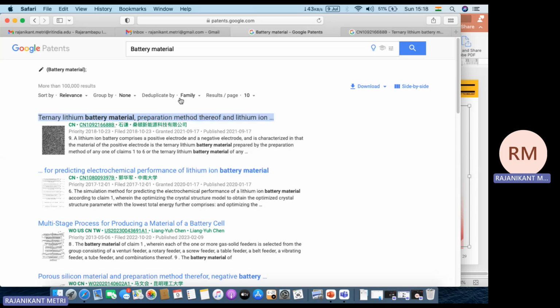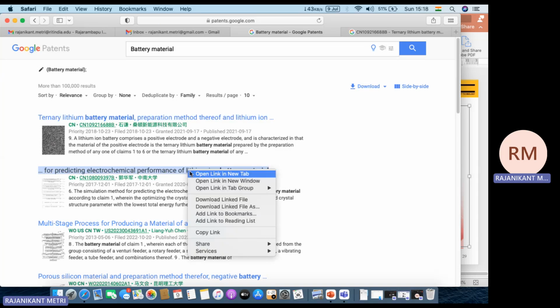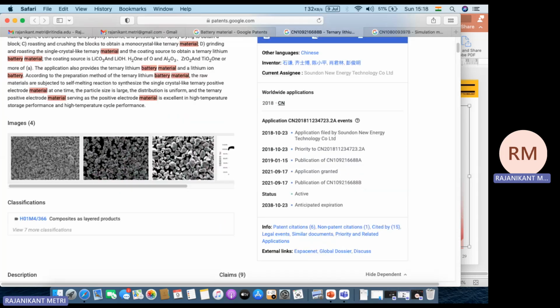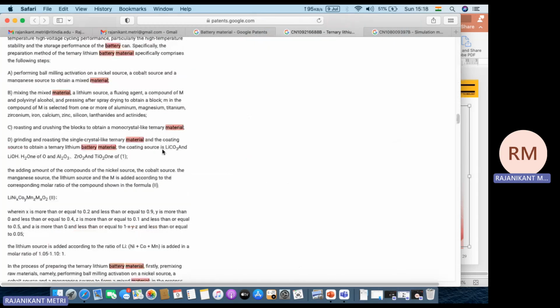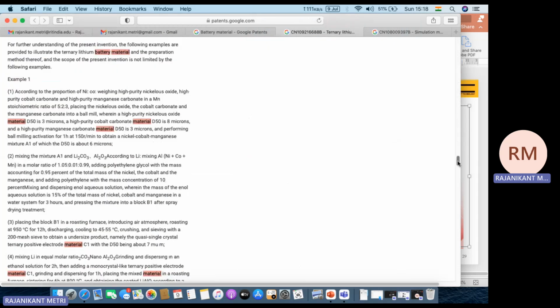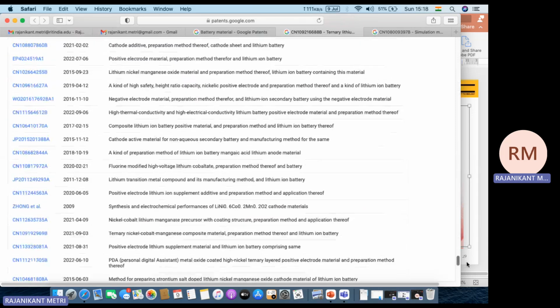It is similar to the literature survey or literature review we do for writing an article or publication, and you can easily find here all the documents related to it, the patent files.